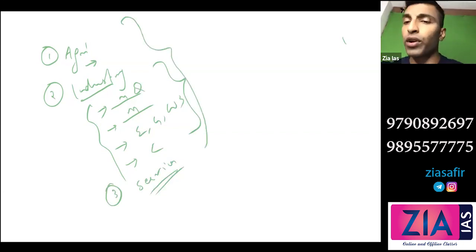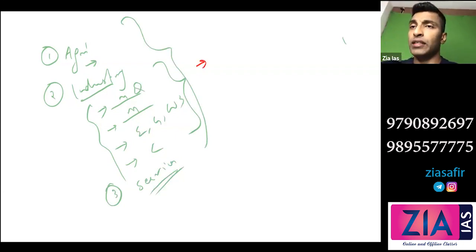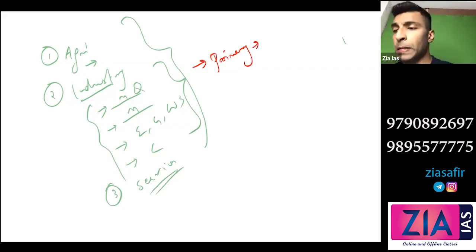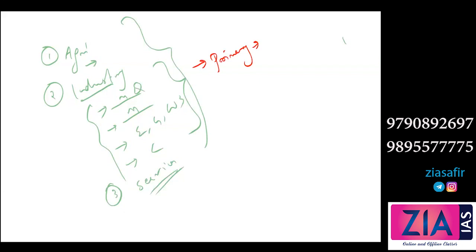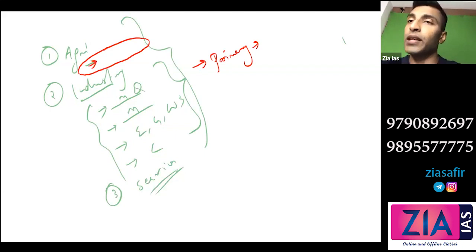Now see, one more categorization is there. What is that? Primary sector. What will come under the primary sector? Agriculture and allied activities will come.